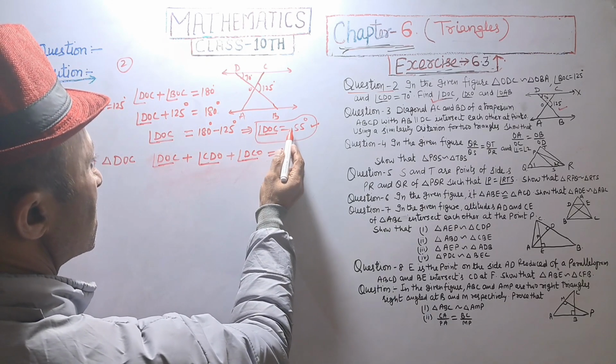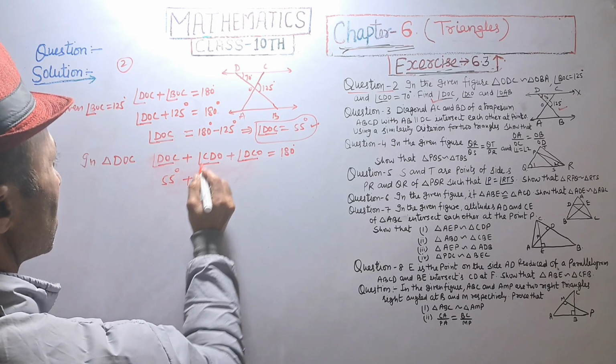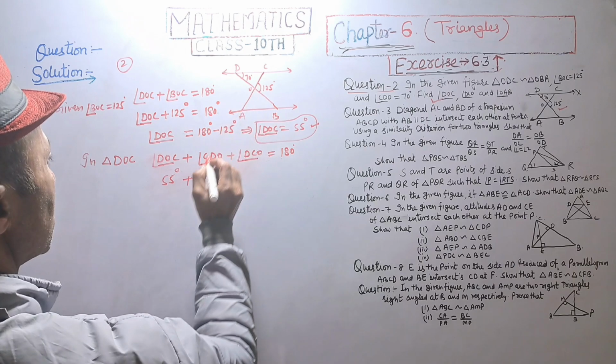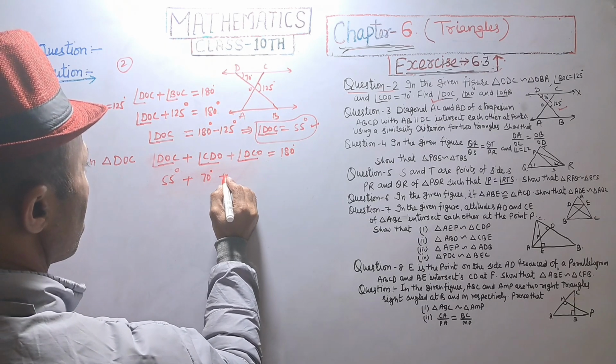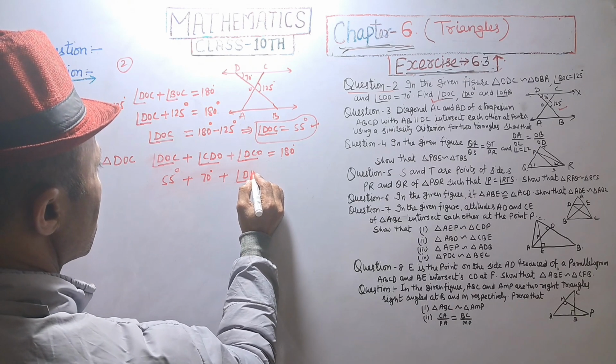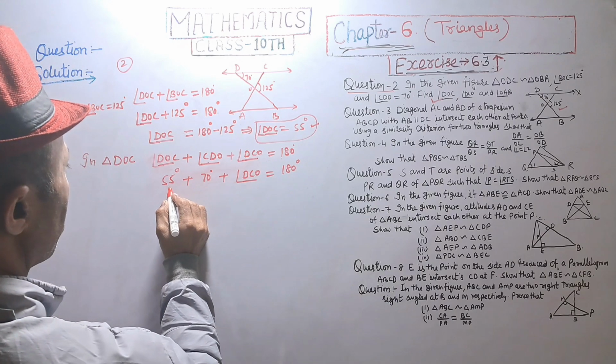DOC is 55 degrees, plus CDO is given, that is 70 degrees, plus angle DCO is equal to 180.